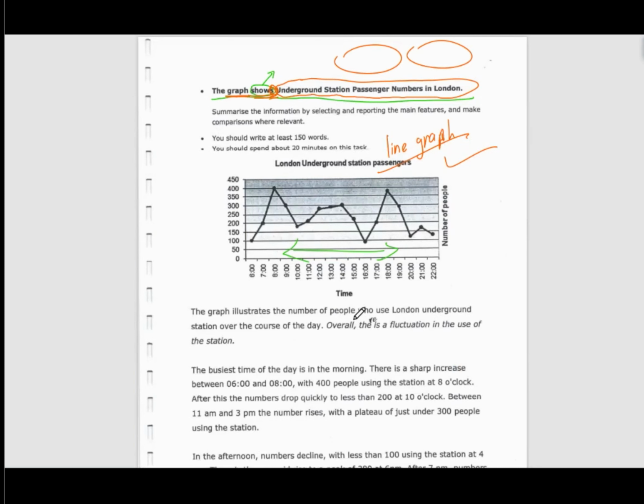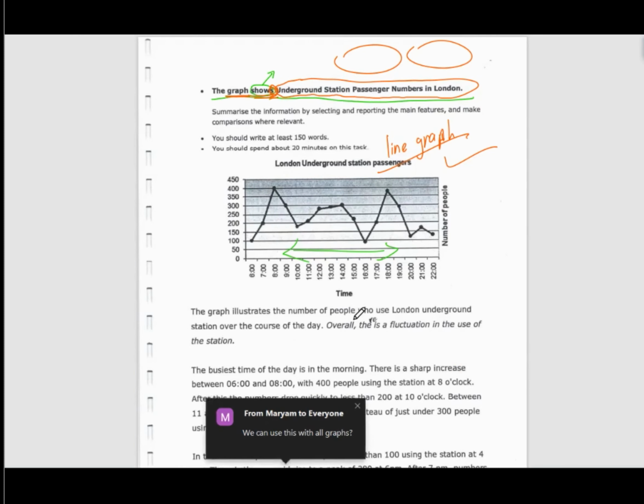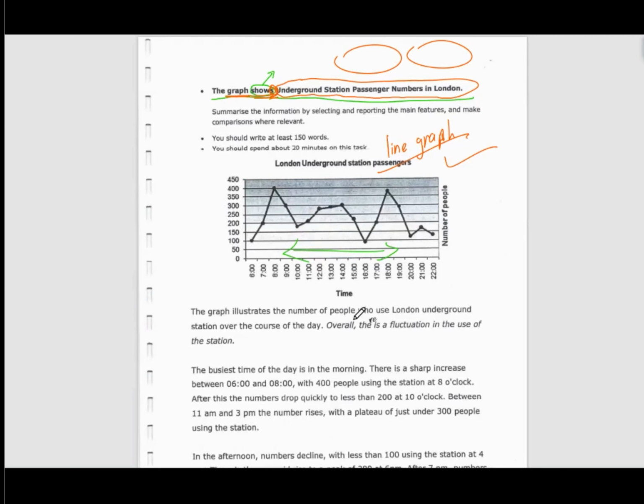So yes, you can include them, but not in a deep way, not in a very deep way. You just compare and contrast between information. For example, the number was, or the number is bigger than that typing. So you will use comparatives or comparative adjectives, for example, or superlative adjectives to compare and contrast.